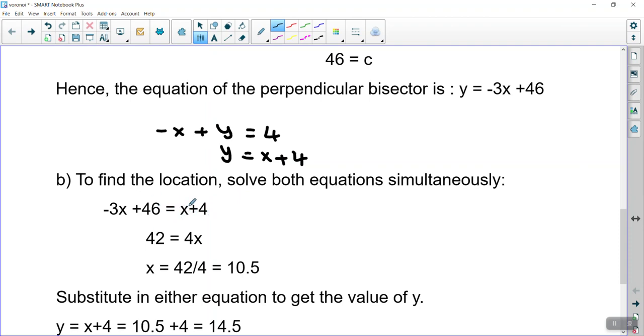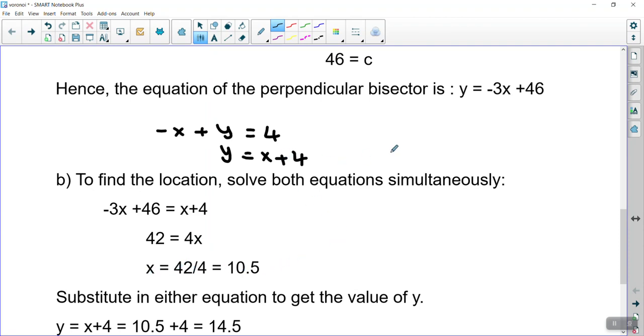I take the x terms on one side and the constants on the other, which gives me 46 minus 4, that is 42. 3x goes to the other side, so x plus 3x gives me 4x. Divide both sides by 4 to get x equal to 10.5.